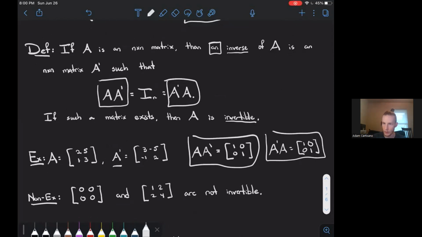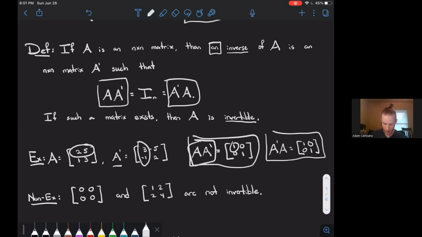I'll just check one coordinate. For example, when you're computing A times A prime and you want to get this 1 in the top corner, take the first column of A prime and the first row of A, and multiply them together. 3 times 2 is 6. -1 times 5 is -5, and 6 minus 5, sure enough, is 1. You'll have to believe me for the other ones unless you want to check it yourself.